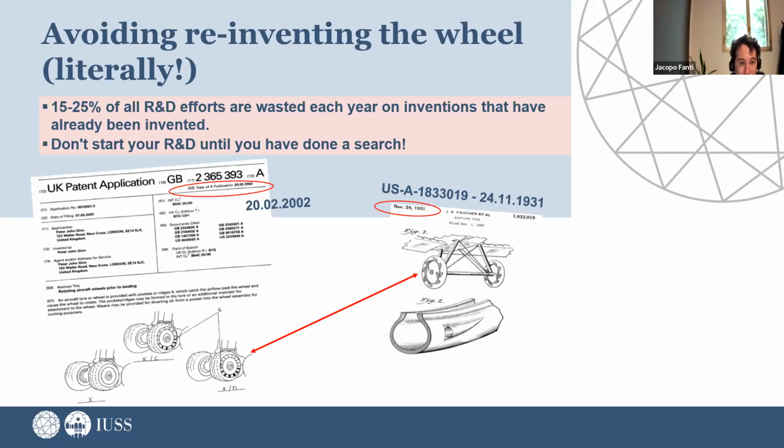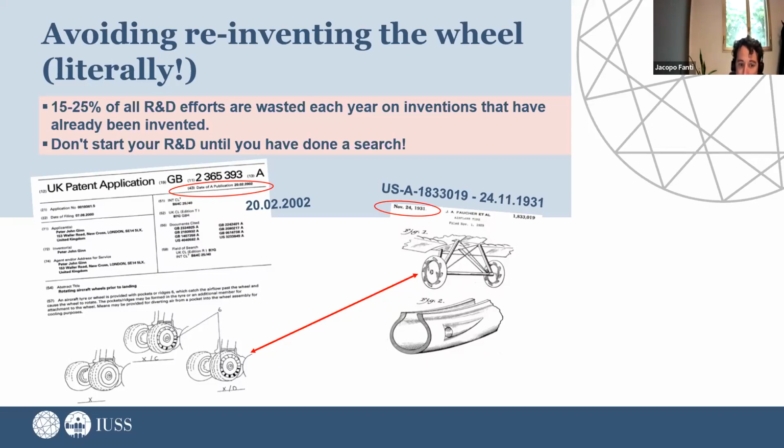And literally, in this case, the technology transfer agency Provendis, which is a German one, estimates that 25% of all German R&D investment is wasted by duplicating R&D that has already been done. And why does this happen? Because people that are developing new inventions, new solutions, are not aware of the state of the art of their technological field. So we need to avoid reinventing the wheel.